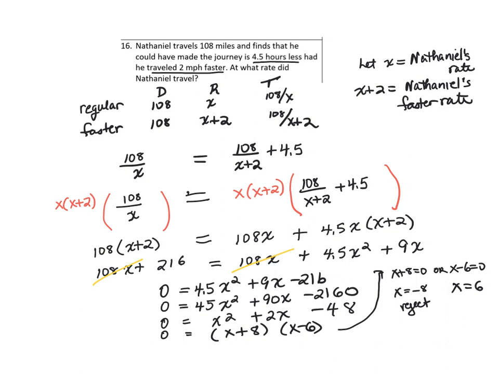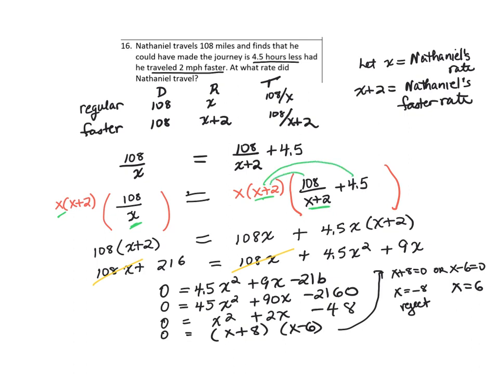So when we solve this, we multiply each side by the least common denominator, which is the product x times x plus 2. And when we multiply, the x's divide through here, and the x plus 2 divides here, but we have to distribute this to the 4.5.